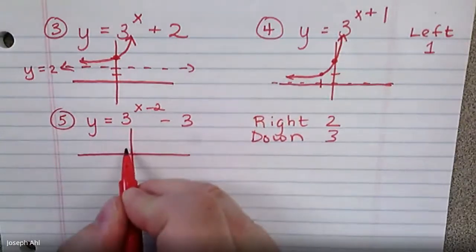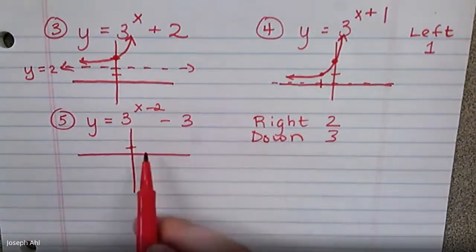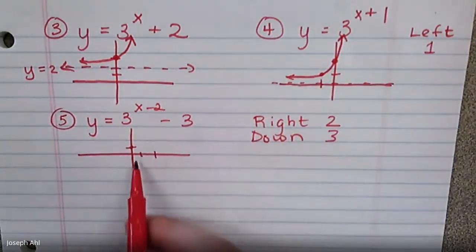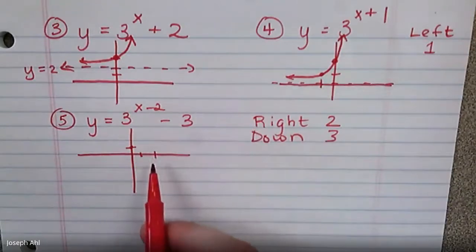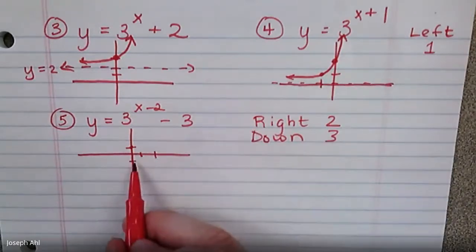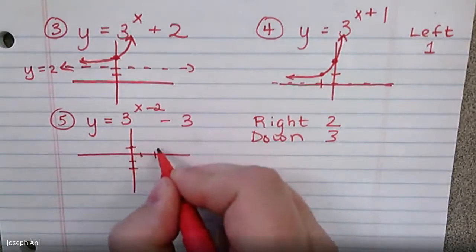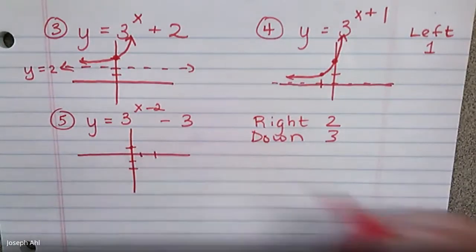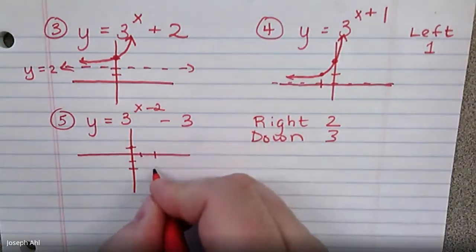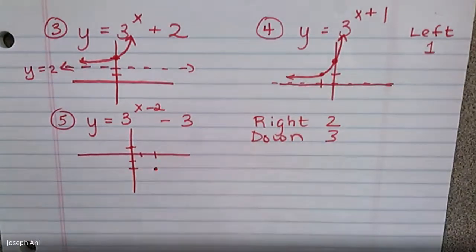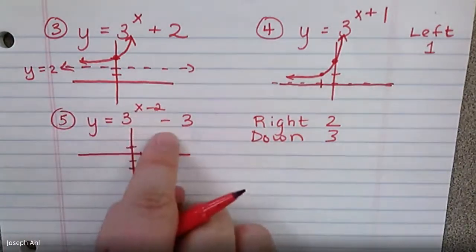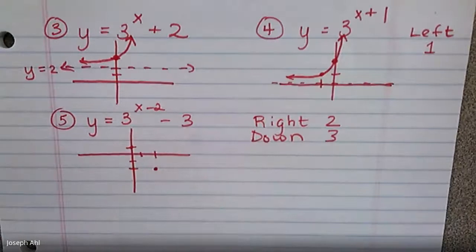If you kind of follow where the y-intercept moves, if I go right 2 and then down 3, the new coordinate of the y-intercept is going to be at (2, -2), right? If I go down 3 from there. So it's certainly not the y-intercept, but I'm translating that point to its new location.